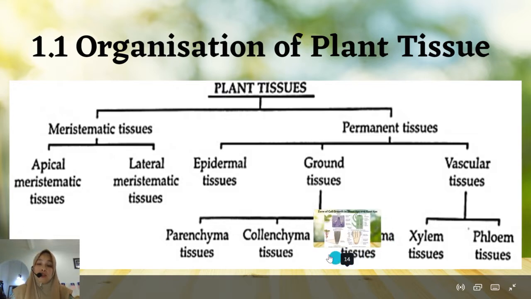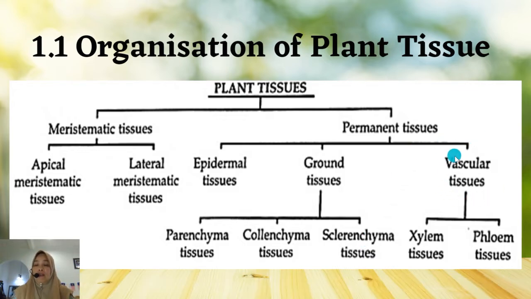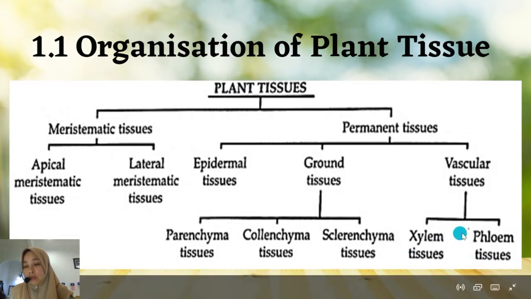Next we go to the vascular tissue. You already learned in Form 3 that vascular tissue can be divided into two types: xylem tissues and phloem tissues.